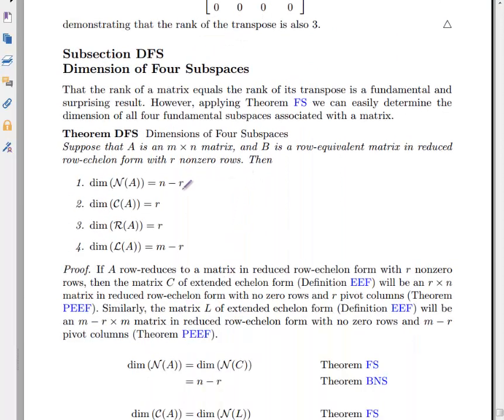All right, so now we can relate all of these dimensions together. Remember how we found the null space, column space, row space, and this is the left null space. You can get these from this extended reduced echelon form. Remember, you had something like this, and this had zeros down here.